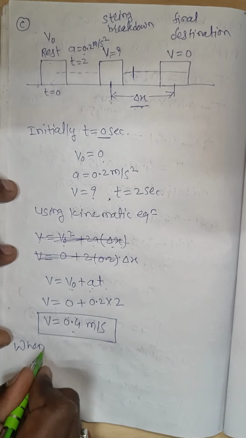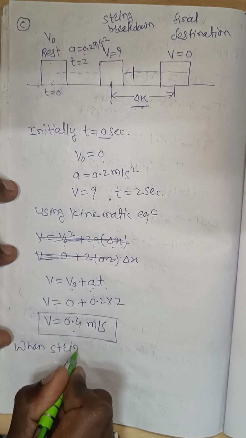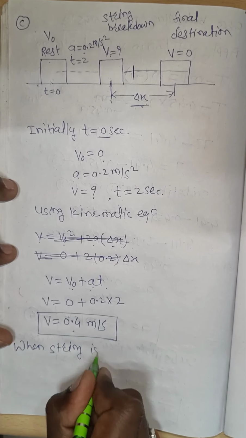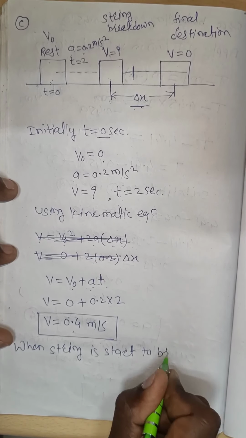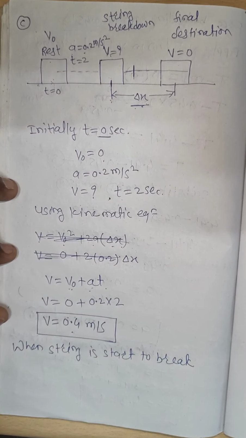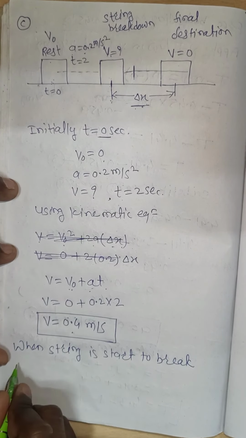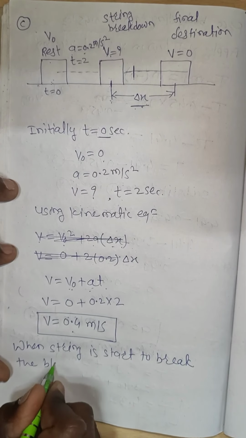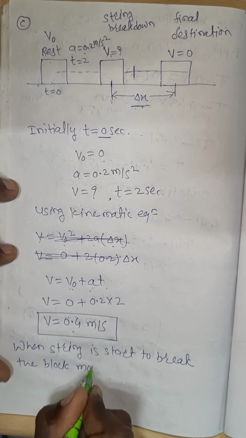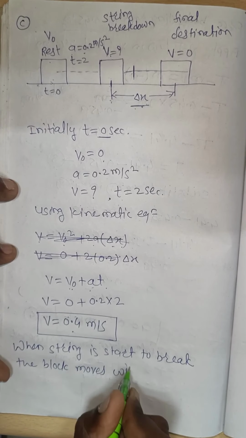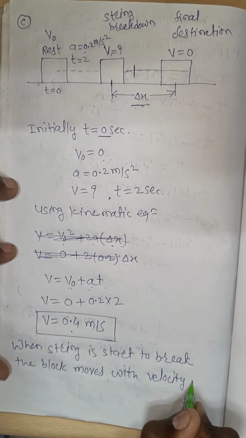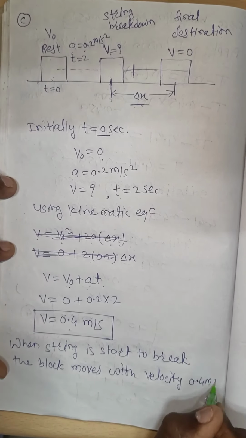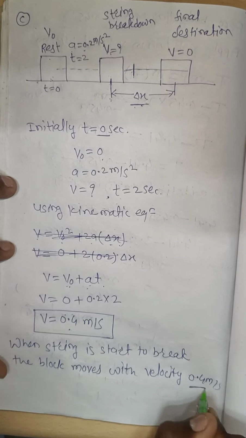Means when the string starts to break, the block moves with velocity 0.4 meter per second.